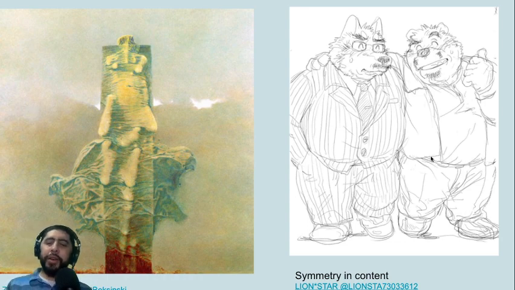And also here, this is symmetry in content, and what I mean by this is they're 2 big beefy dads, essentially, on both sides of the composition. They're wearing different things, they're different species of animals, but they have roughly the same mass and weight.